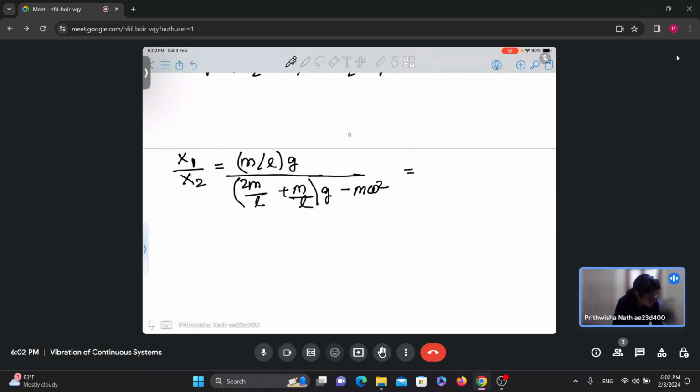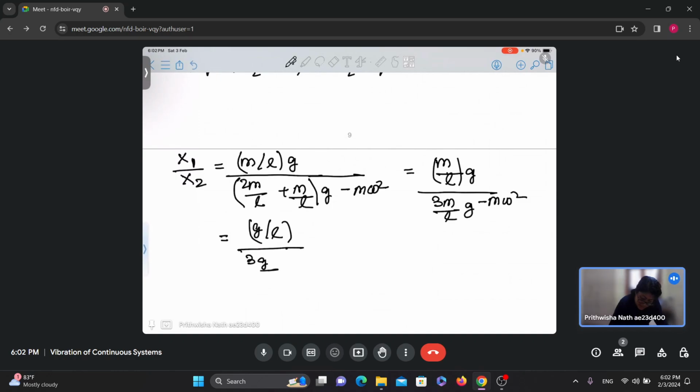So this becomes m by L into g divided by 3m by L into g minus m omega square. So what can I write this as? g by L divided by 3g by L minus omega square.